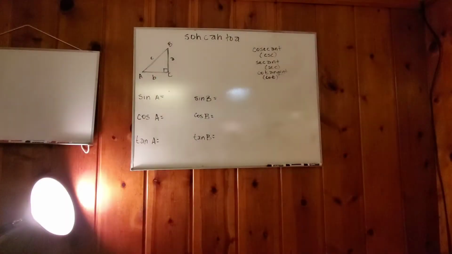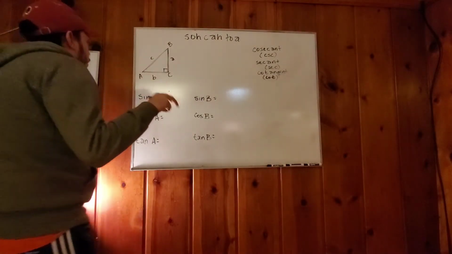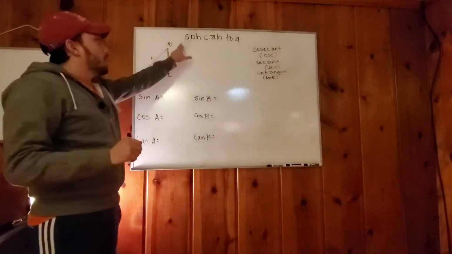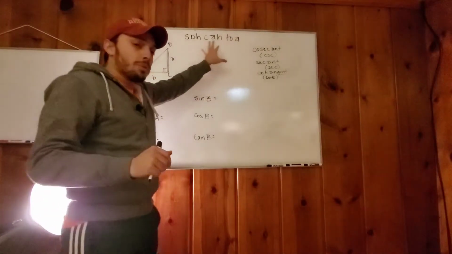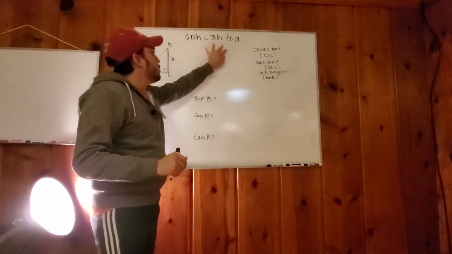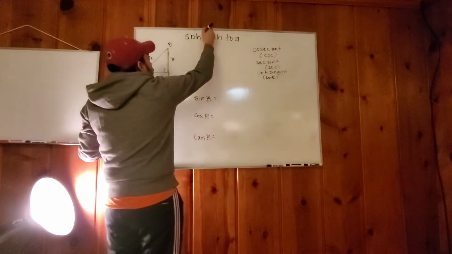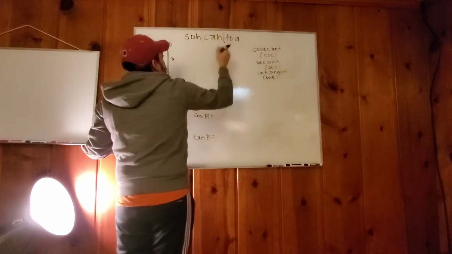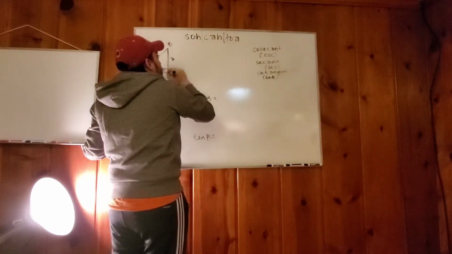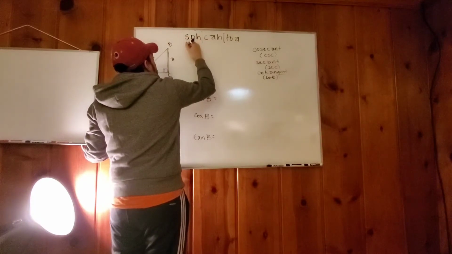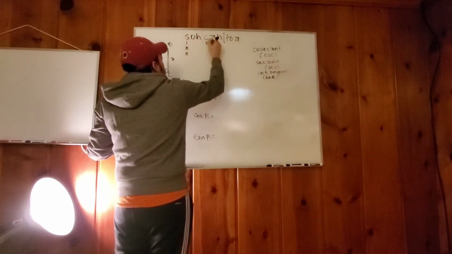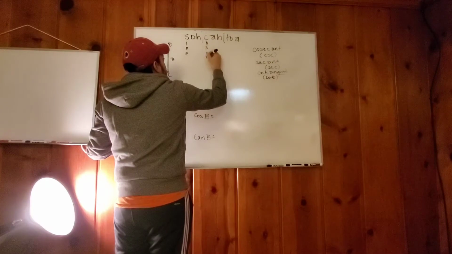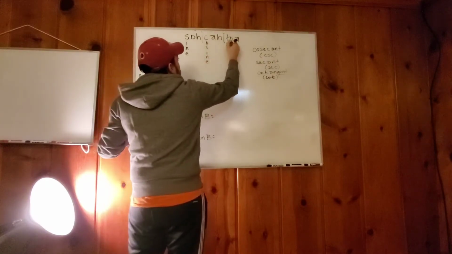All right, so before I get into the examples, I need to remind you of things, okay? So hopefully you guys remember this shorthand, SOHCAHTOA, that I gave you last year. And so if we divide it into the three different trigonometric functions, it's going to be sine, cosine, and tangent.